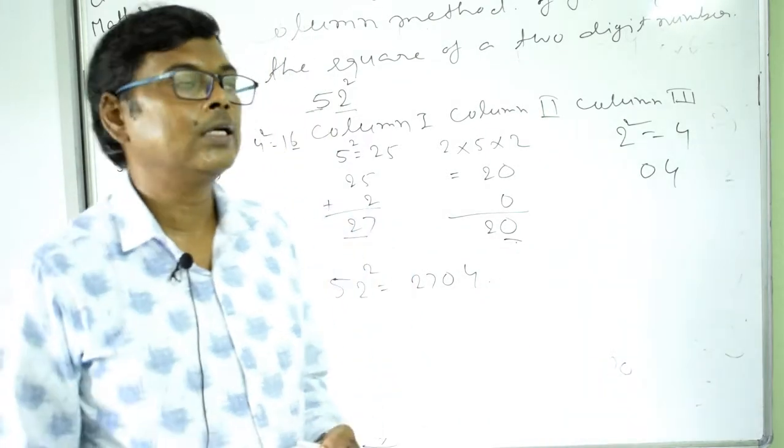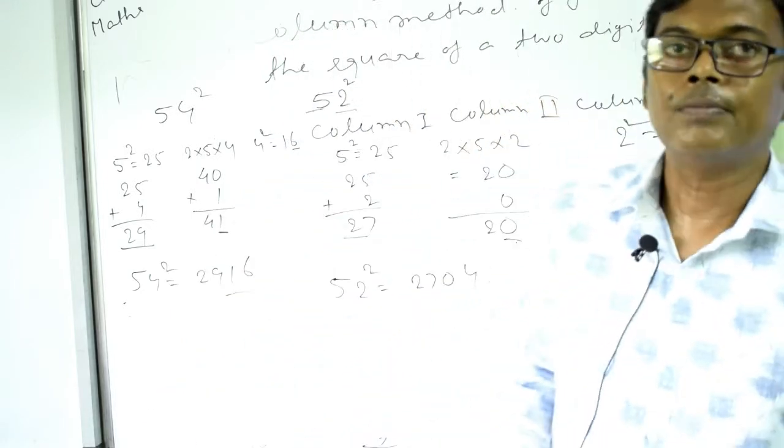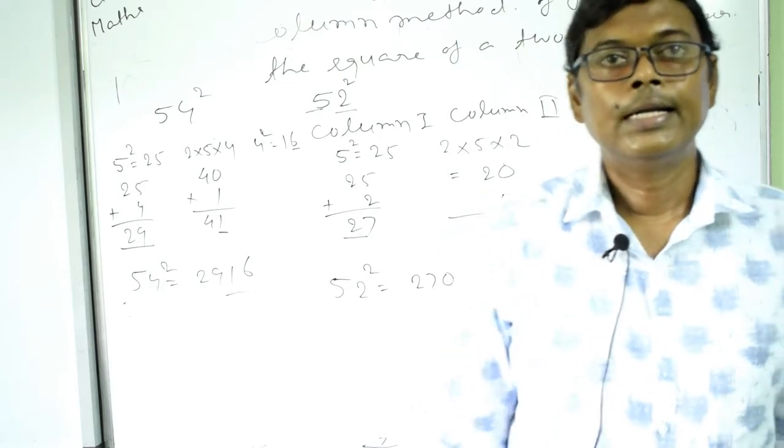Okay, so this is the method of finding the square of a two-digit number by using the column method. Then another method is the diagonal method.